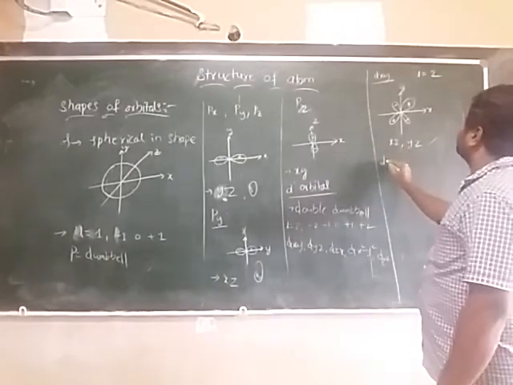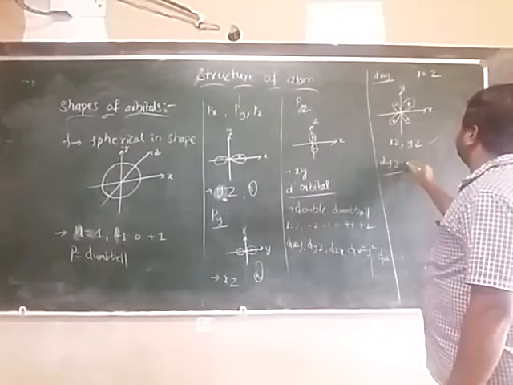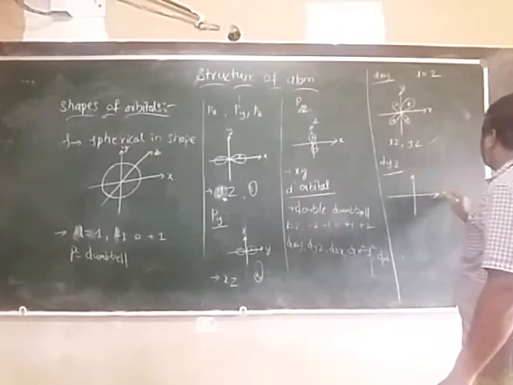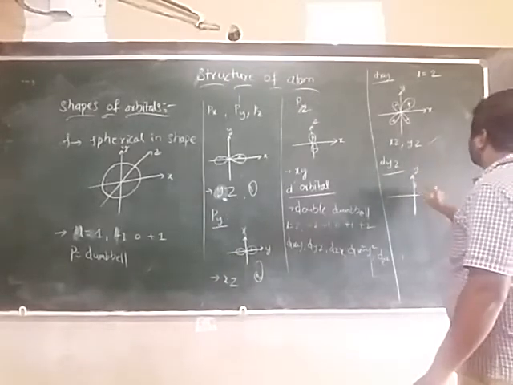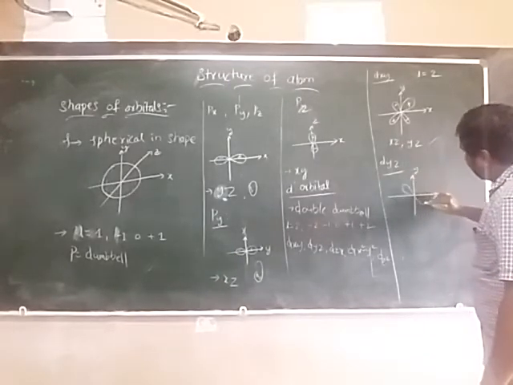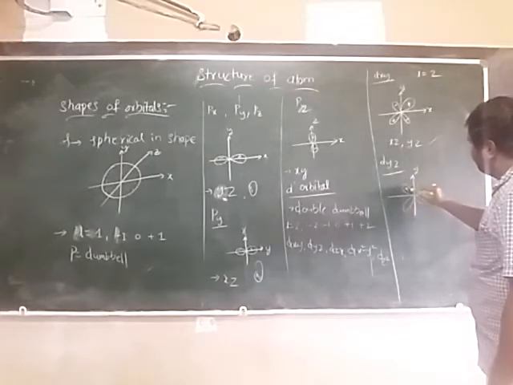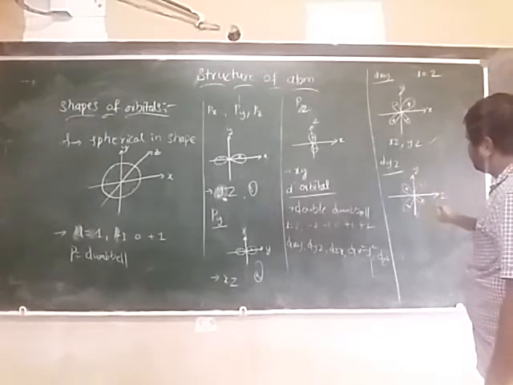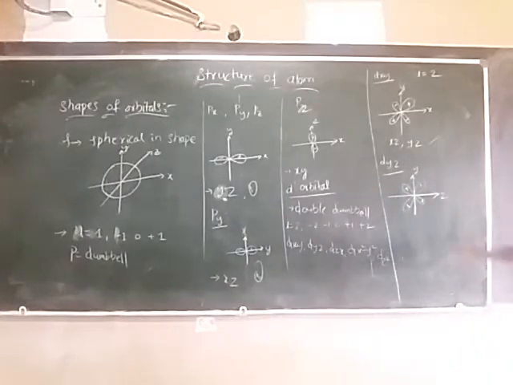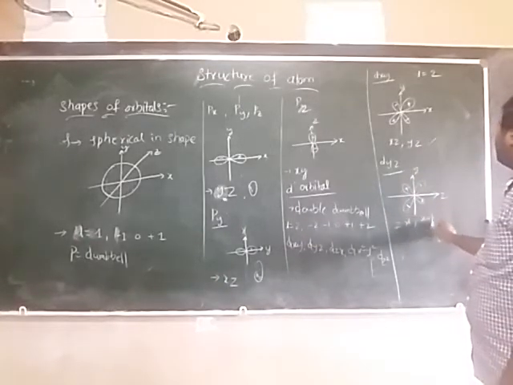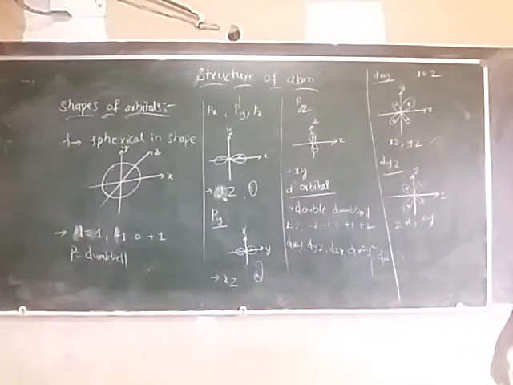Next, dyz. So the lobes are present in between the two axes. Is it clear? So the four lobes are present in between the y and z. Next, what are the nodal planes? One is zx, another one is xy.